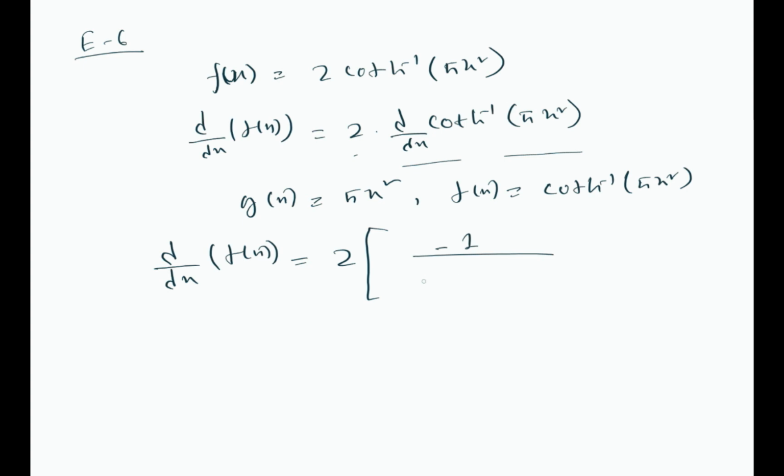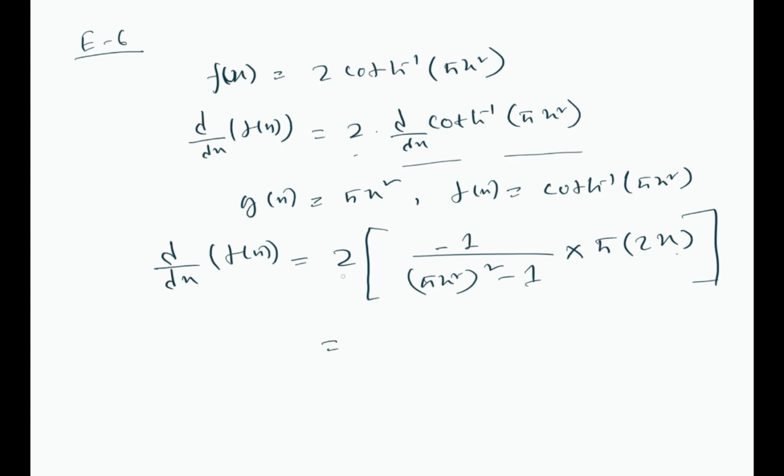So here we have 5x squared, so (5x squared) to the power 2 minus 1. This is the derivative of inverse hyperbolic cot of x, right? Then we need to differentiate the inner function, which is 5 times 2, and this is the power of x, then x to the power 2 minus 1 is actually 1, right? So this is the derivative of this function.